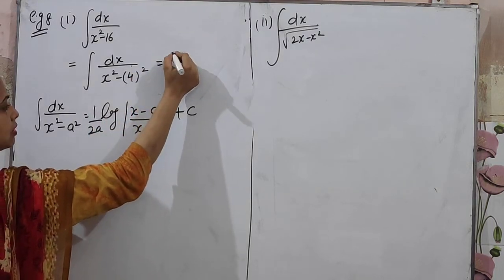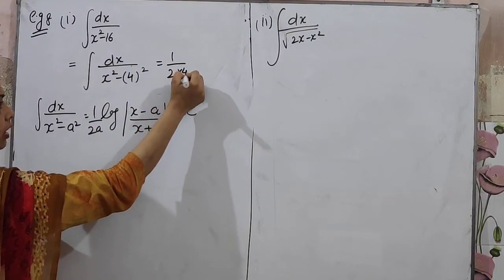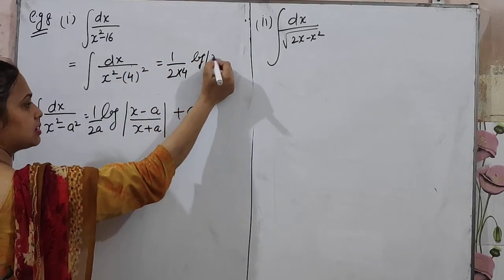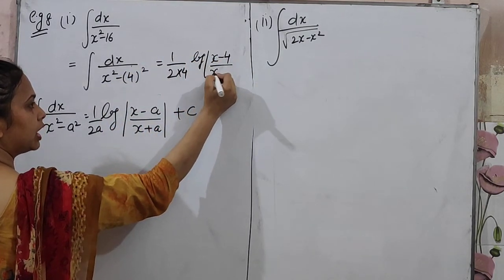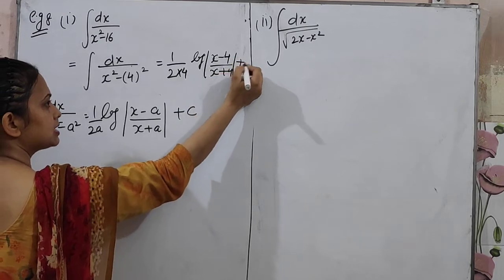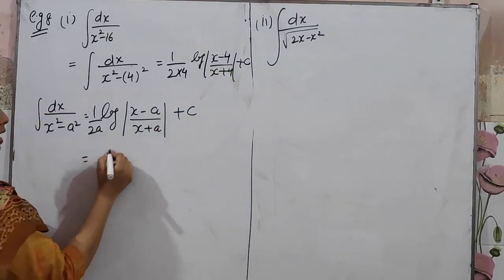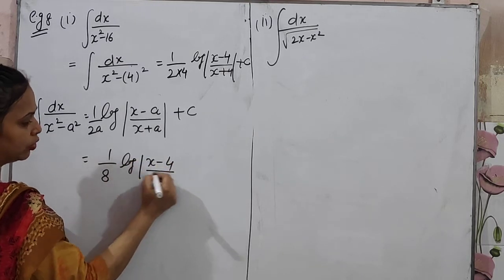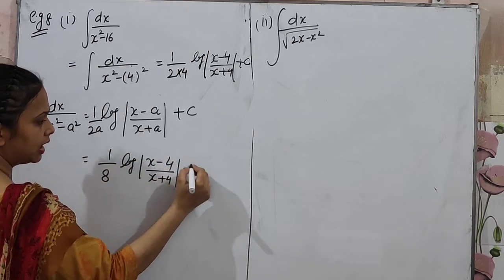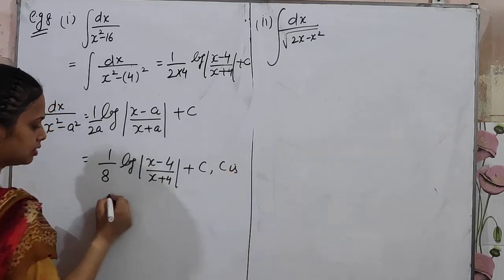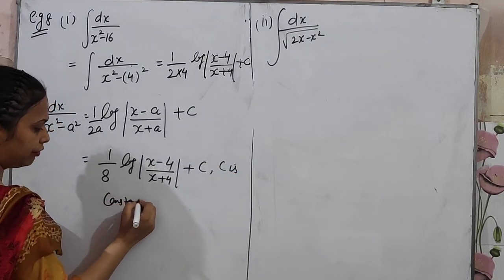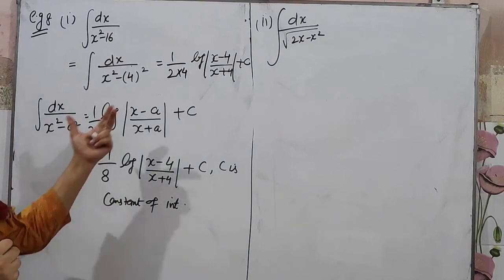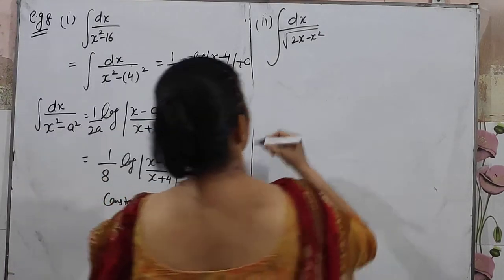This becomes 1 by 2a, where a is 4, log of x minus 4 upon x plus 4 plus c. It becomes 1 by 8 log x minus 4 upon x plus 4 plus c, where c is the constant of integration. Right? So it is very easy to solve now.